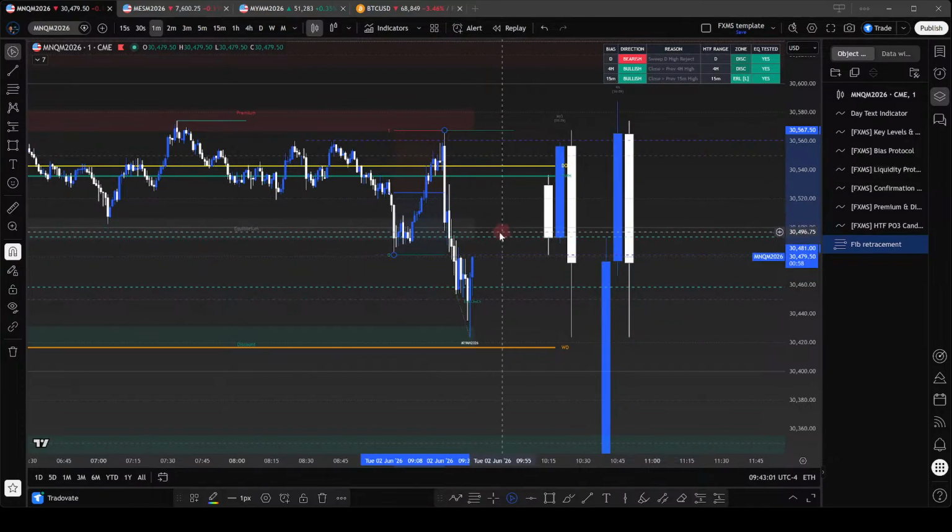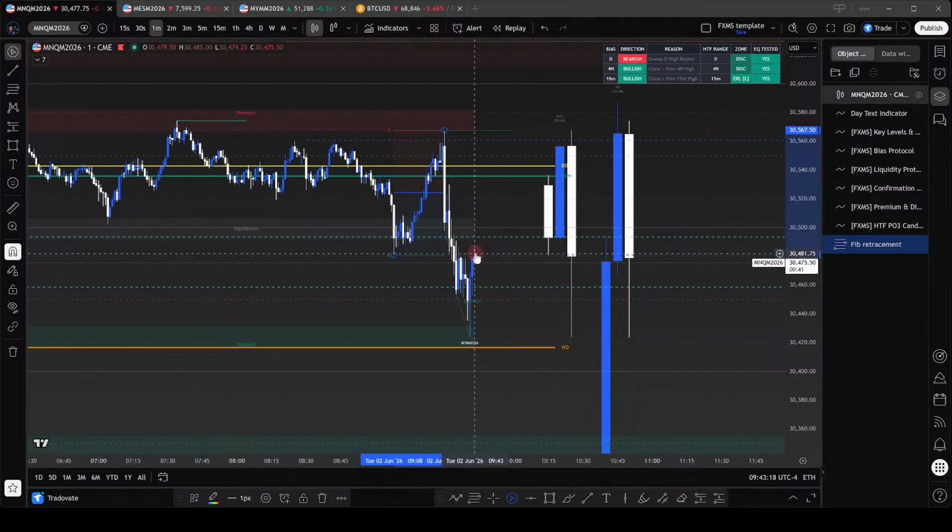Maybe we get some structure here that we sweep and then we come down from. Okay, 480 level and the low. So this is the first point where we'd actually see reasonable rejection from.